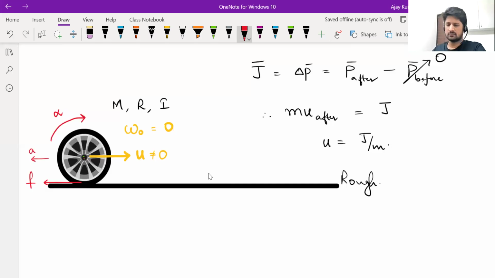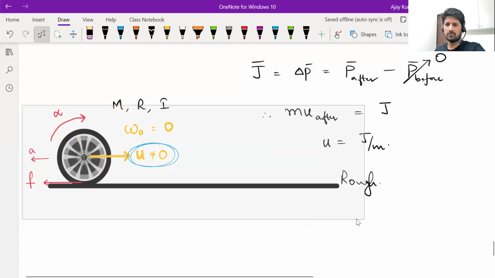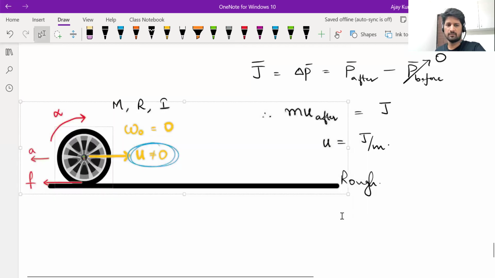So as a result, someone else tell me, what will happen to its linear speed? Will it increase, decrease, or remain the same? It will decrease. What will happen to its angular velocity, omega?